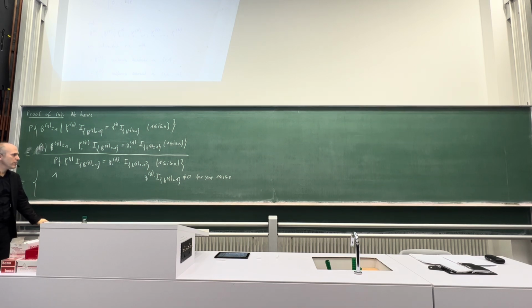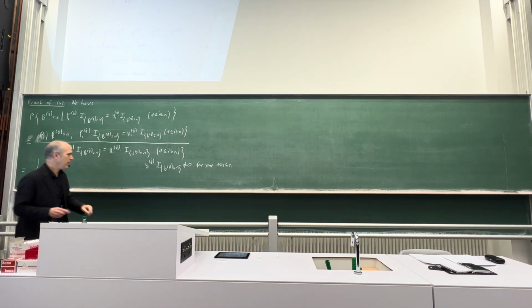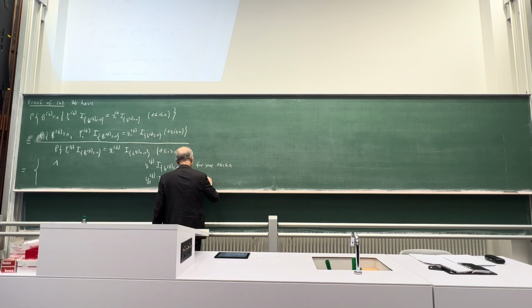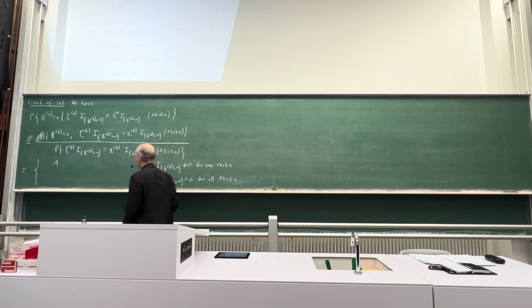First point done. The second point, we make the opposite. What happens if Yij times indicator of Bj equal 1 is 0 for all i? In this case, I compute numerator and denominator separately.